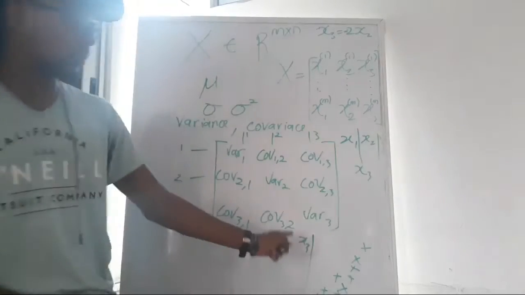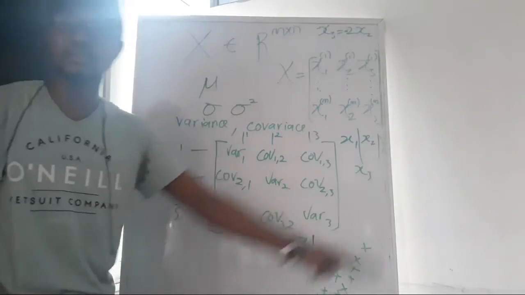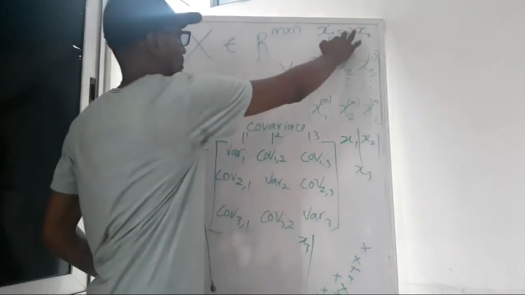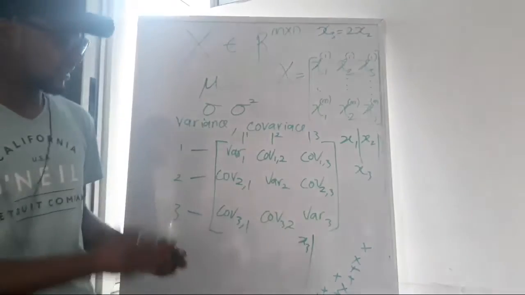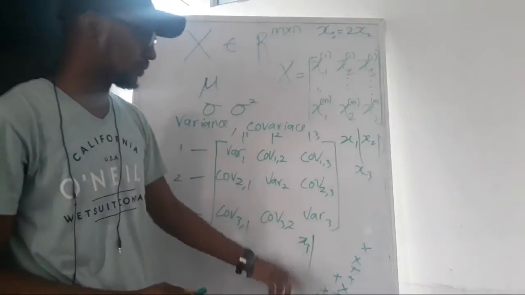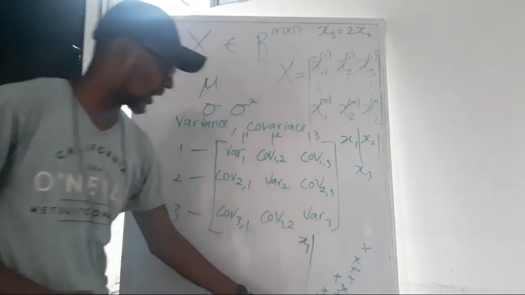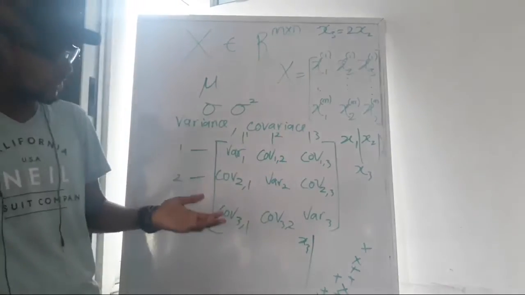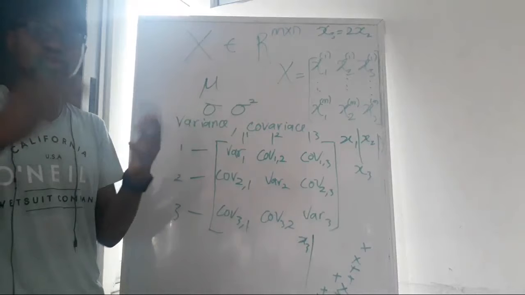The scatter plot of these two will give me something like this, meaning x3 and x2 are highly correlated, so the covariance is going to be positive and high.